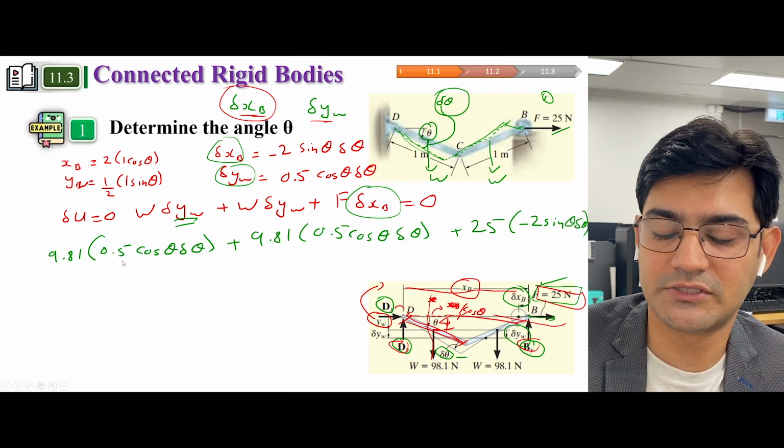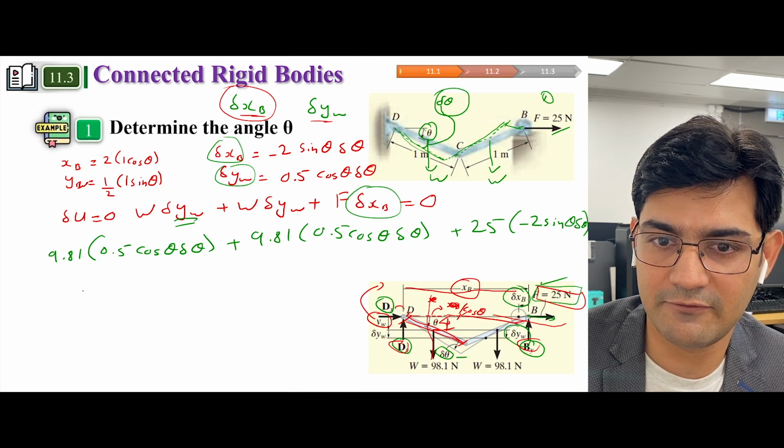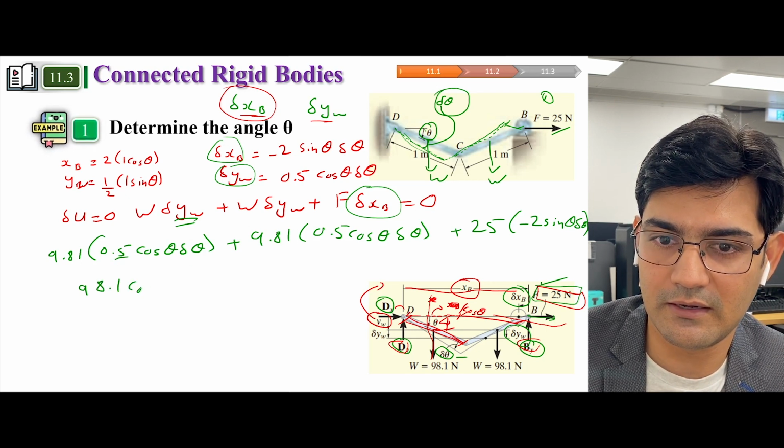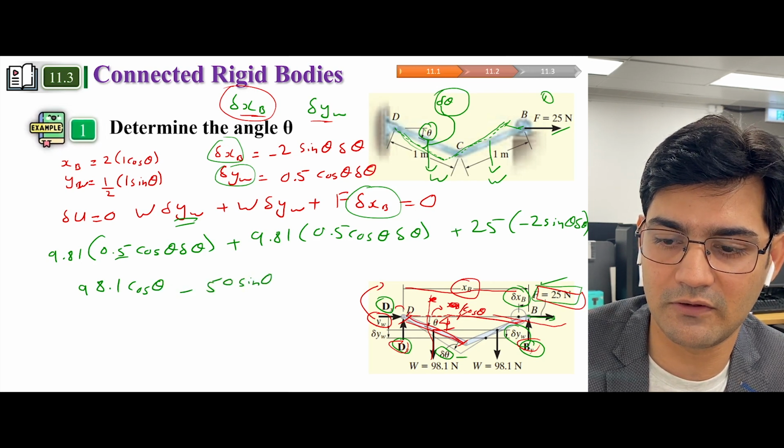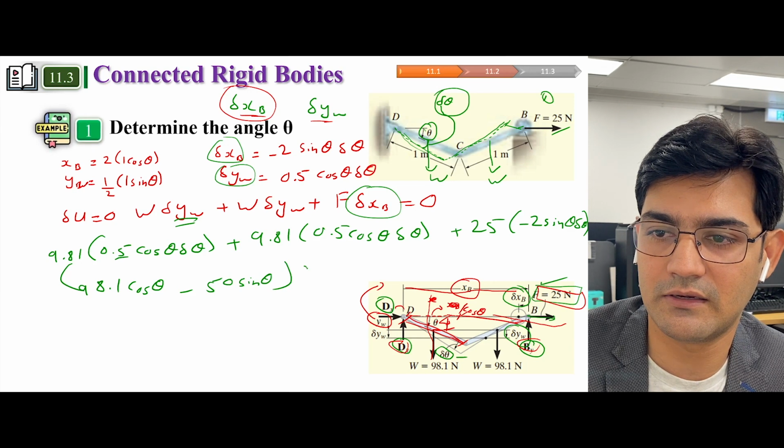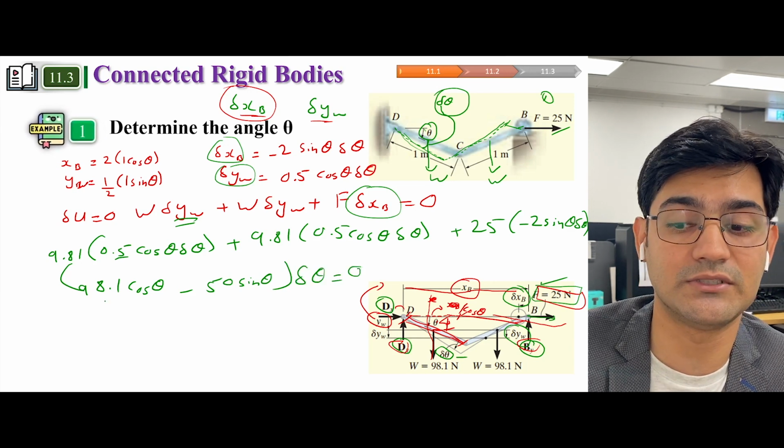Now we will just add everything, and if we add all the things and multiply by 0.5, we will get 98.1 cos of theta minus 50 sine of theta, times delta theta, the rotation which we applied.